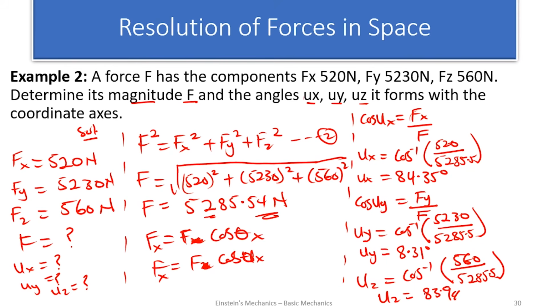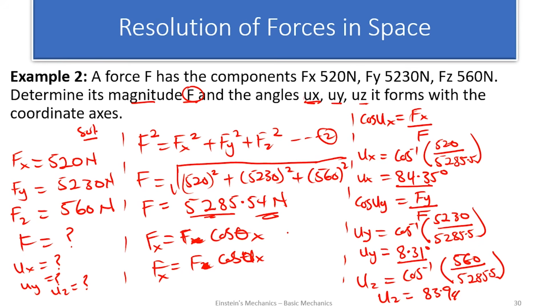And I'm getting my uz to be 83.9, which is interesting. So with this question, we got our magnitude of f to be that, and our angles to be 84.35, and on the y, it makes an angle of 8.31, and on the z, it makes an angle of 83.9.